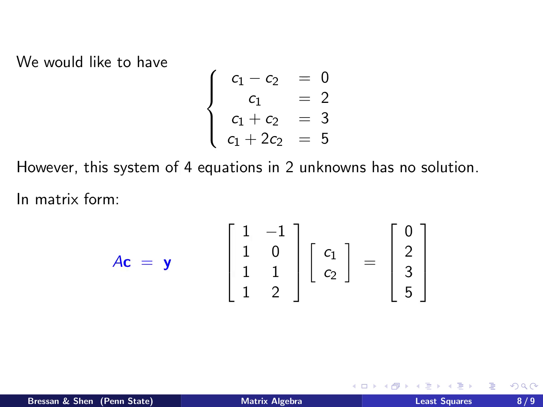Okay, so to utilize the algorithm we derived for the least square method, we will now write it in matrix form. We write this as AC equal Y, and this will be the A matrix, and that's the C, the unknown, and then the Y is the vector on the right hand side.